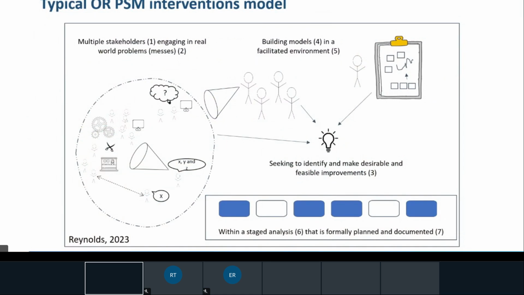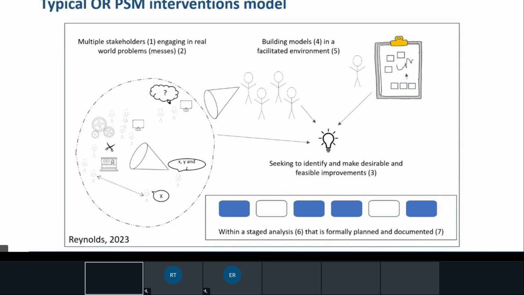I built this model to describe what a typical PSM intervention might look like. We see those multiple stakeholders engaging in real world problems. I've got the circle over to the left there that is showing the people looking at a real world mess. They're engaging in a real world problem.